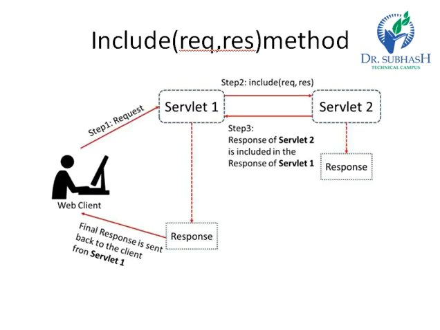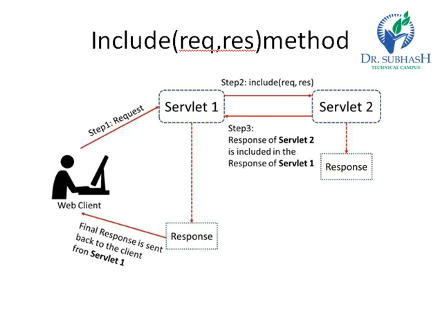Now we see the include method. As we see in the figure, first of all, the web client sends a request to servlet 1. Servlet 1 generates some response. This response is sent to servlet 2 using the include method. The servlet 2 page executes that request and the response generated is sent back to servlet 1.